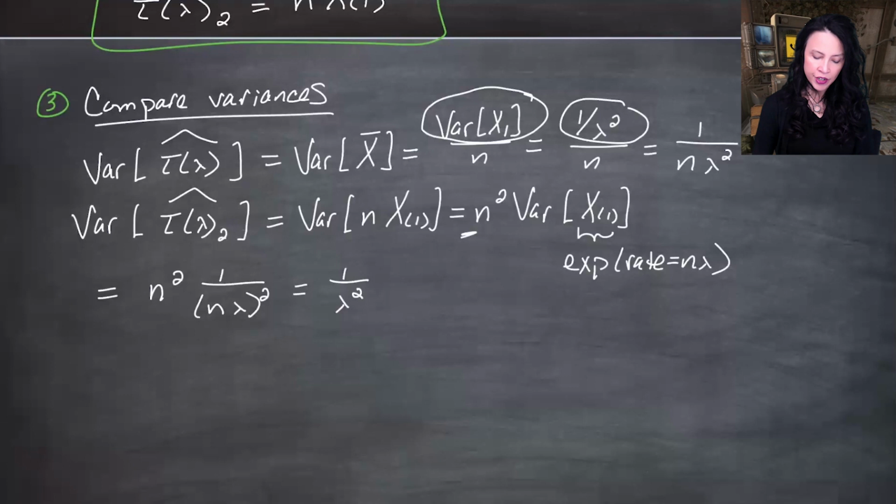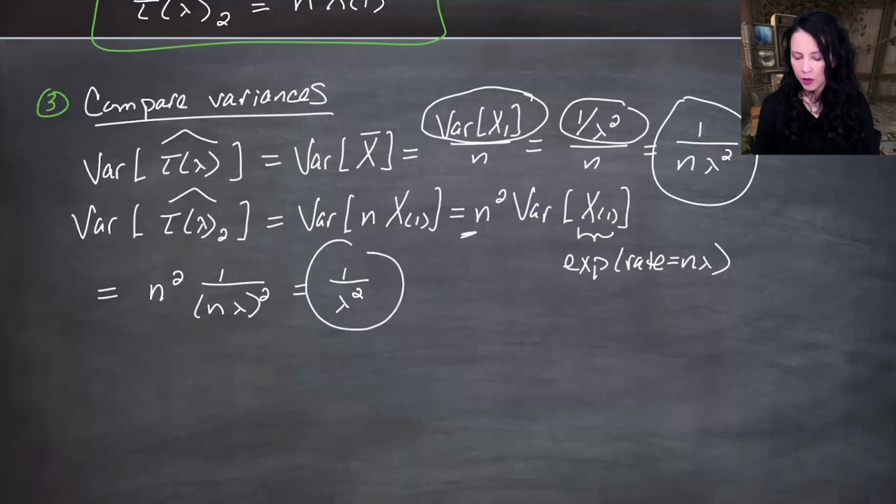Yeah, so the variance for the first one looks better because it's smaller. If n is 1, they're actually equal. But the first one, as n gets larger, the variance gets smaller. And that is another thing you're going to want out of your estimators. You're going to want them to get better with more information. Bigger samples, smaller variance.